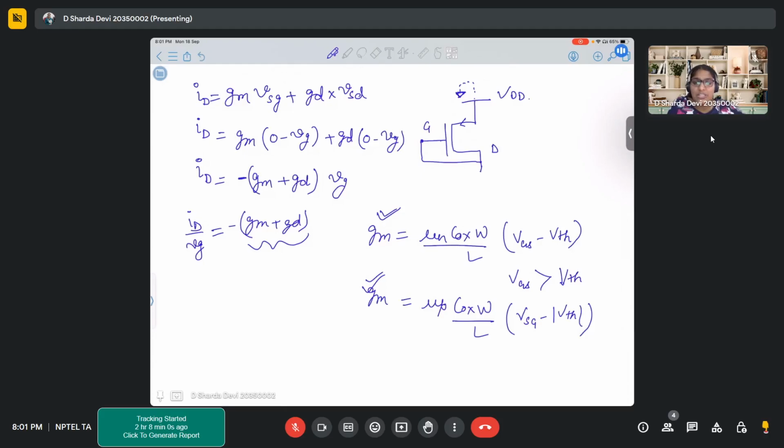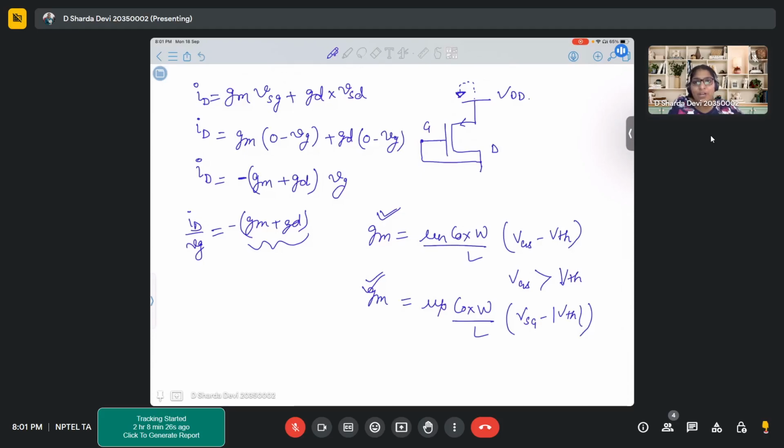In the small signal model, you will have GM into VGS as a current source. Then there will be another resistor, let's say R0, from the drain side. If you are connecting another drain resistor, it will come to the drain; if it is a source resistor, it will come to the source. So you have to see where it is coming.